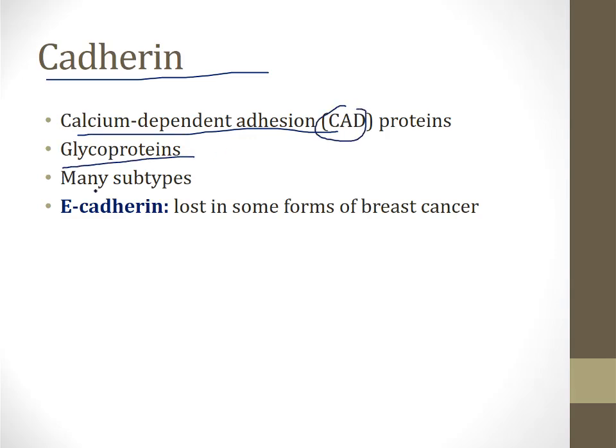They're glycoproteins, and there are many subtypes. The E-cadherin subtype is lost in some forms of breast cancer. You can imagine that once this joining protein, E-cadherin, is lost, then the cells loosen their connections to each other, and that's one of the ways in which breast cancer cells are able to metastasize. This is a clinical tie-in of the epithelial cell biology we're talking about in this video.